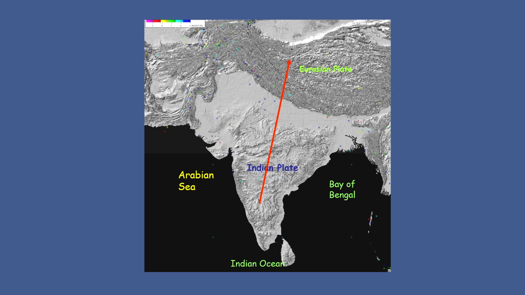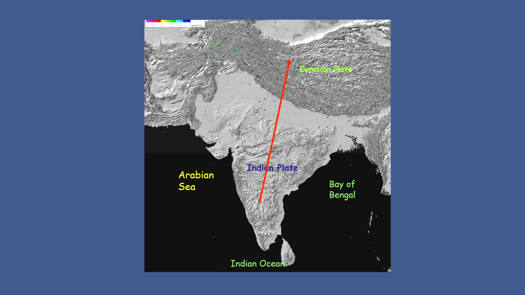Broadly, if you take the Indian subcontinent, we have been talking in terms of plates, the Indian plate and the Eurasian plate. What has been observed, based on absolute GPS measurements, is that the Indian plate is moving while the Eurasian plate is kept fixed.